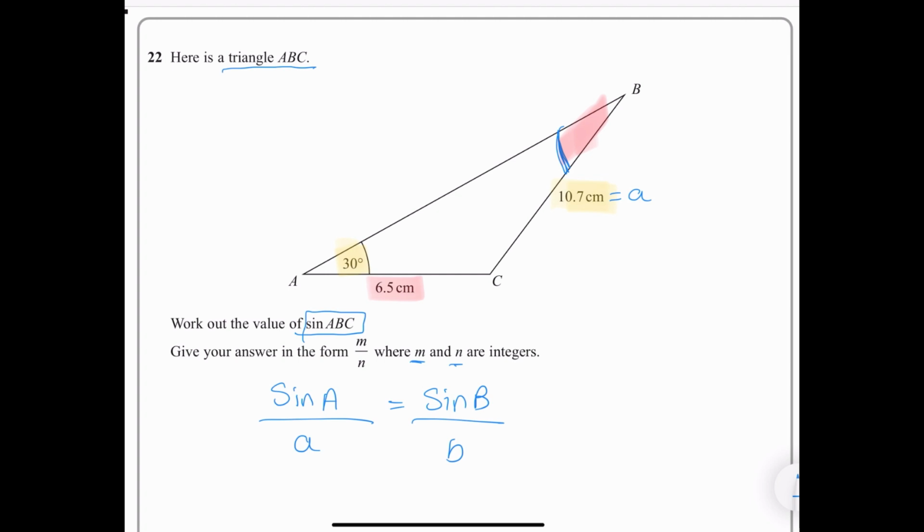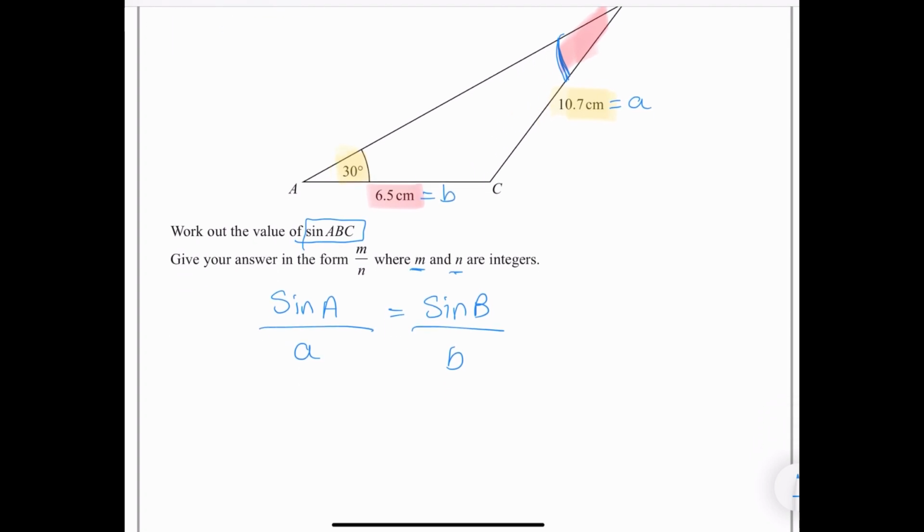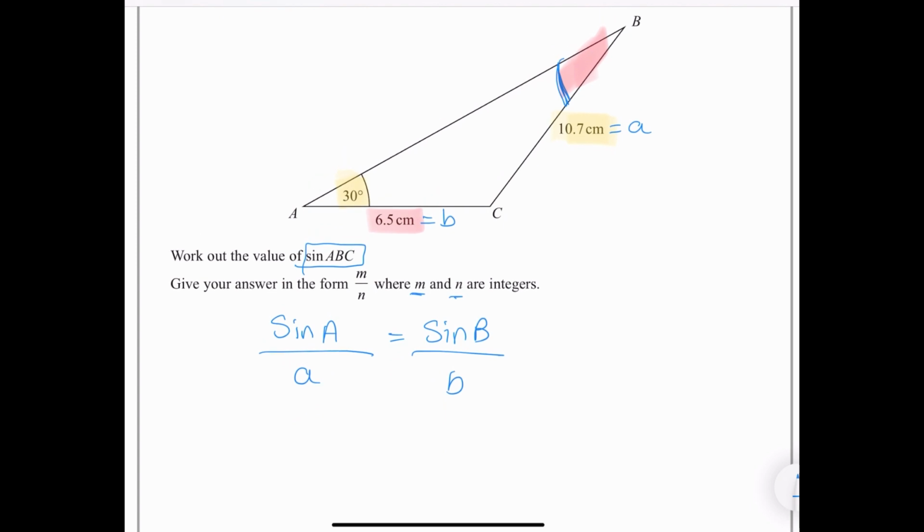B's over there, so 6.5 is my little b. Let's substitute the values in. So sine of big A is 30, divided by little a, 10.7, equals sine of big B, which I don't know and that's what I want to figure out, over little b, 6.5.